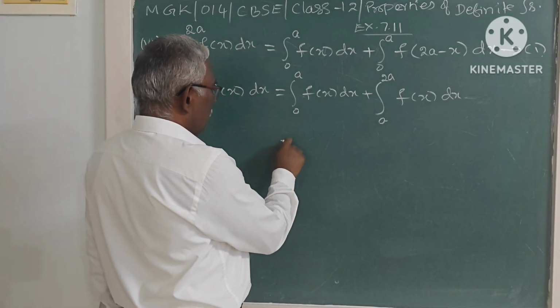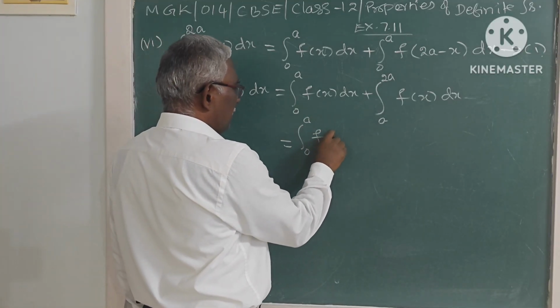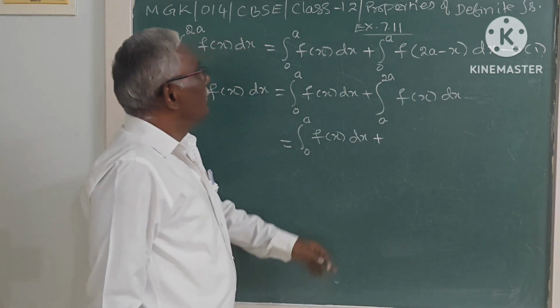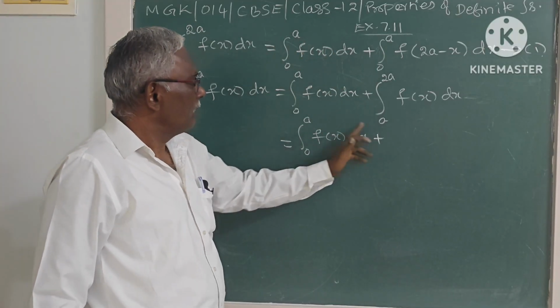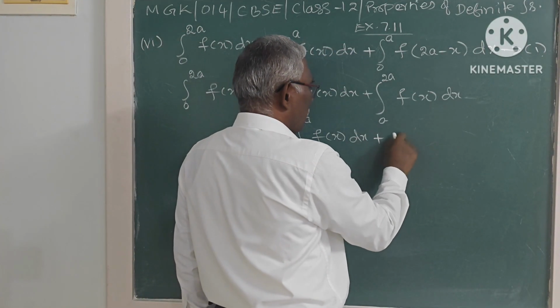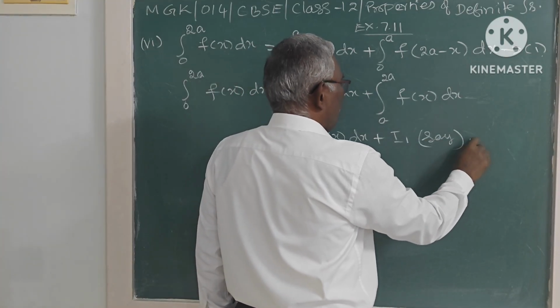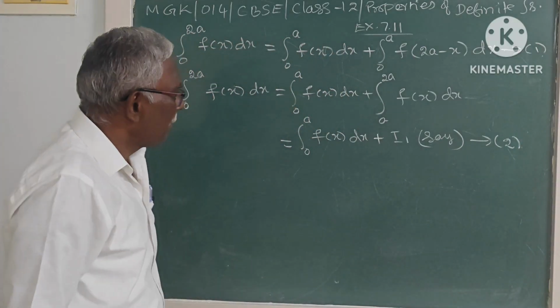We will say this equal to integral 0 to a f of x dx plus, because we already got this term, I suffix 1, say. We call this equation 2.